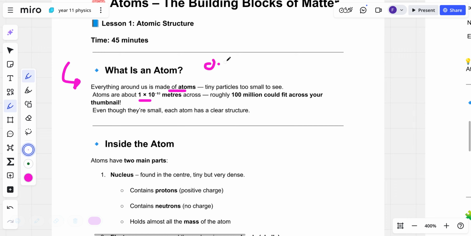The way I look at it is 0.0, and I want to write 9 zeros: 1, 2, 3, 4, 5, 6, 7, 8, 9, then 1. So that's how small it is. It is diddy. 100 million can fit across your thumbnail.